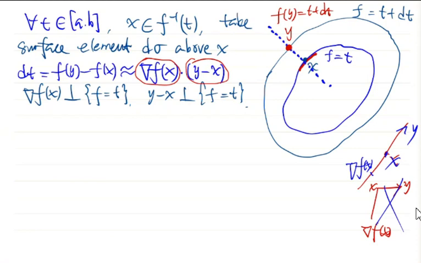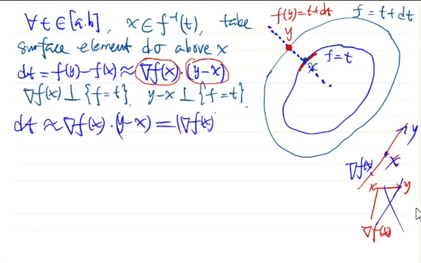So we see that dt is almost equal to the gradient norm times the norm of y minus x. We assume that dt is positive, so the inner product is also positive. That is, the two vectors actually have the same direction, so their inner product is the multiplication of their norms.